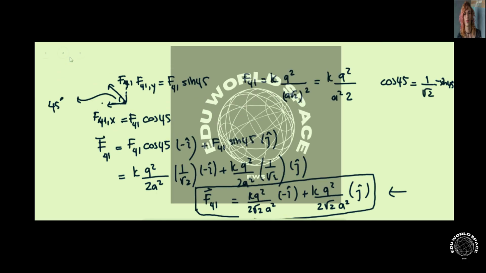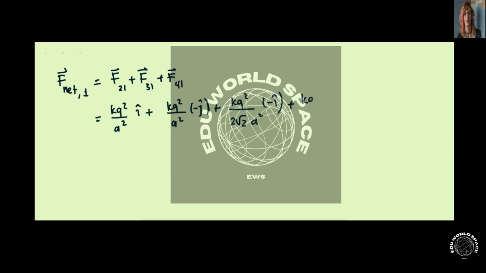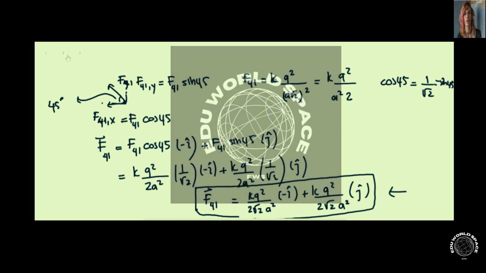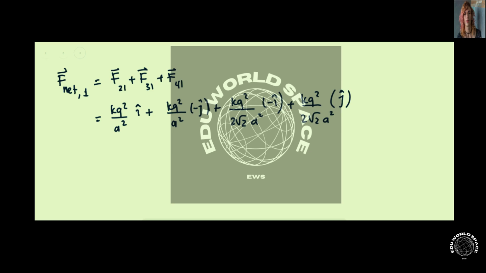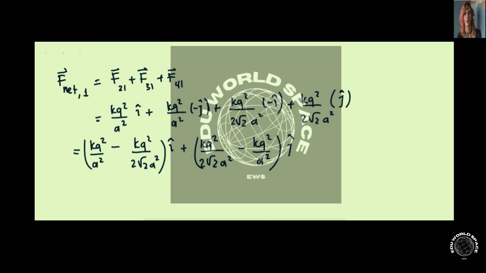For the y component, we have pretty much the same: kq squared over 2 square root of 2 a squared positive j hat. Correct? Now, let's group the x components and y components together. So kq squared over a squared minus, because there's a minus here, kq squared over 2 square root of 2 a squared, i hat, plus kq squared over 2 square root of 2 a squared minus kq squared over a squared, j hat, right?